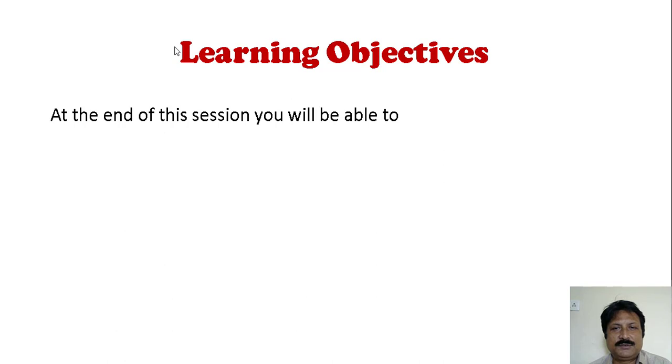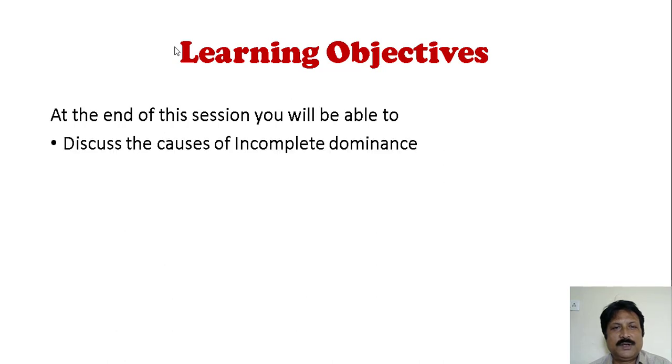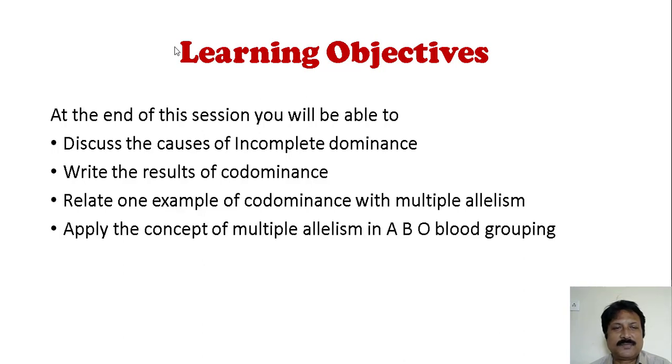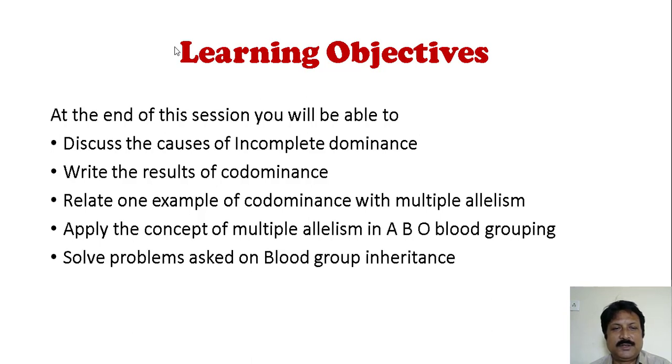At the end of the session, you will be able to discuss the causes of incomplete dominance, write the results of codominance, relate one example of codominance with multiple allelism, and apply the concept of multiple allelism in ABO blood grouping. You will be able to solve some problems asked on blood group inheritance.